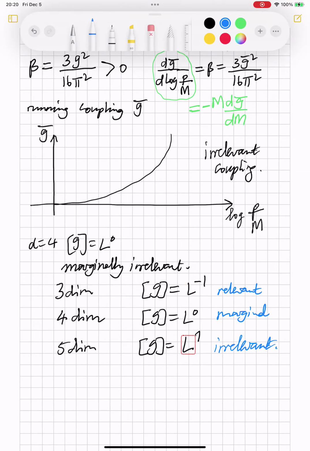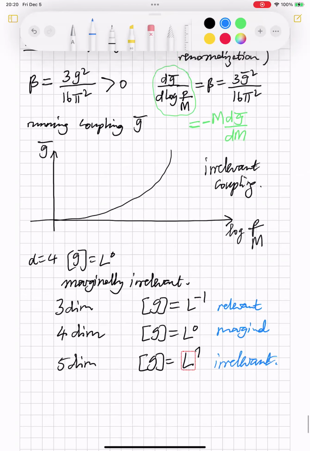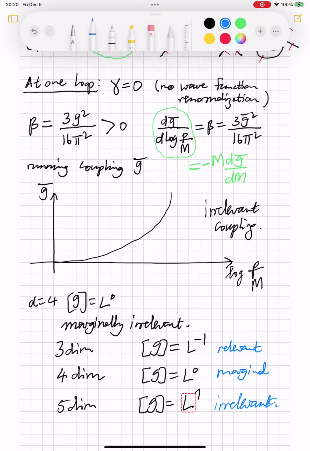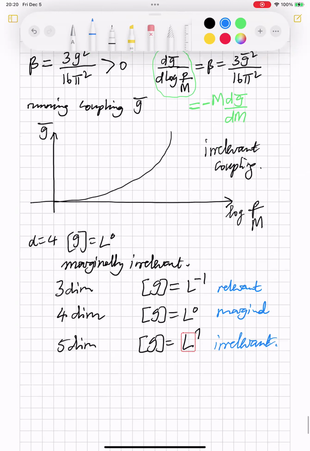Now notice that our interactions give us a beta function which is positive, and that's why the coupling became irrelevant. But if we go below 3 dimensions, just because the coupling now gets a negative length dimension, dimensional analysis will tend to make the coupling relevant.